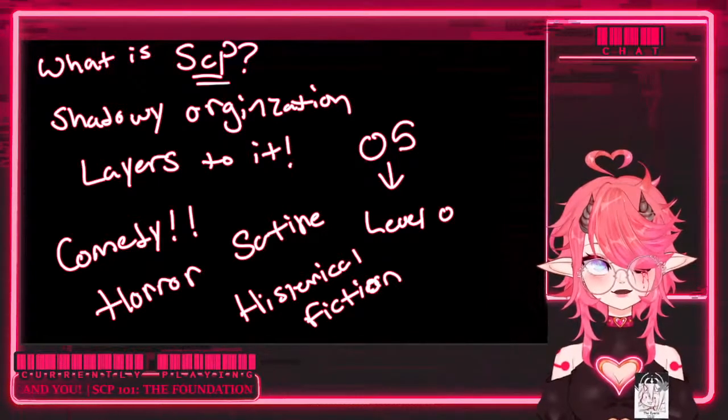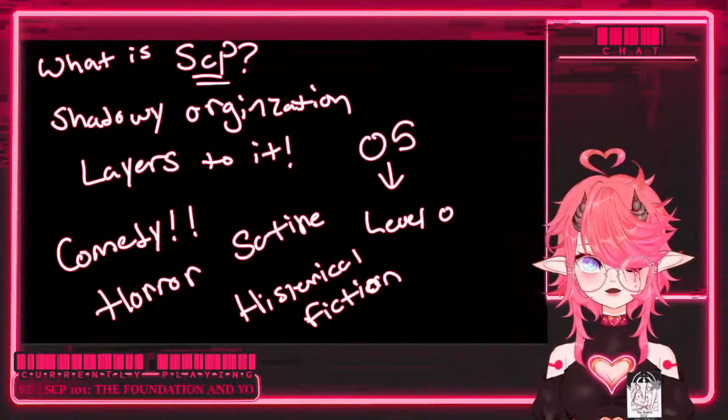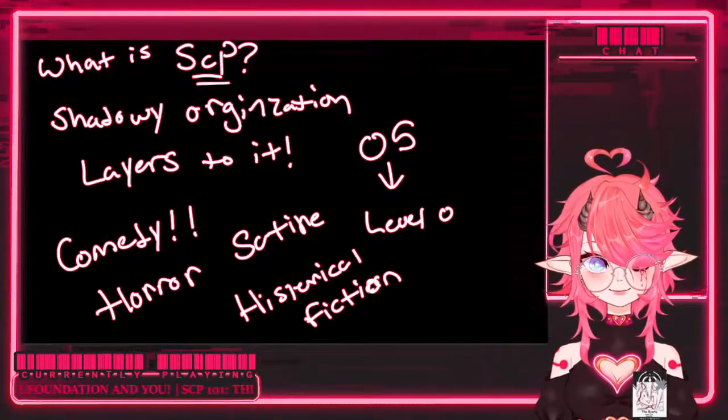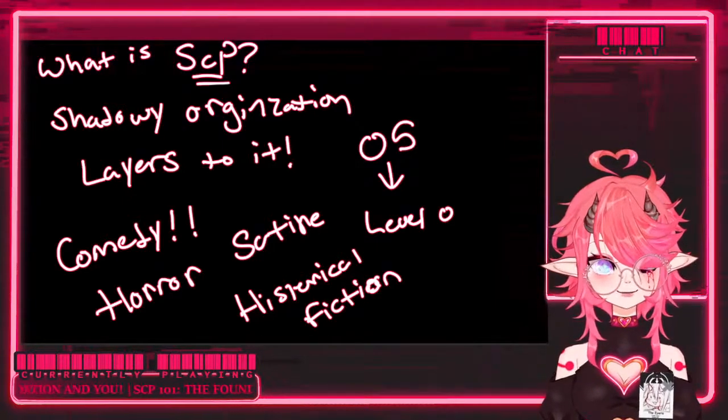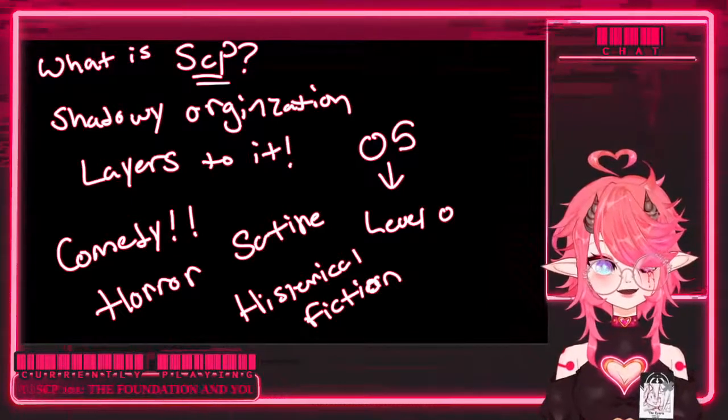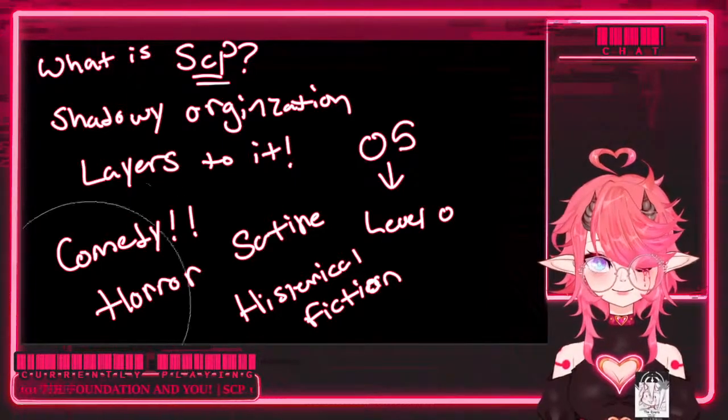The SCP Foundation itself is going to have a big variety of things that interact with it. And as you get deeper into the Foundation itself, the more you learn about these different facets.